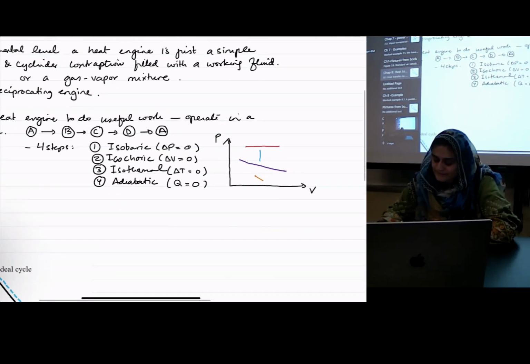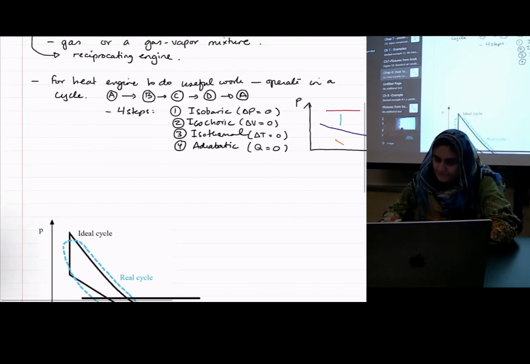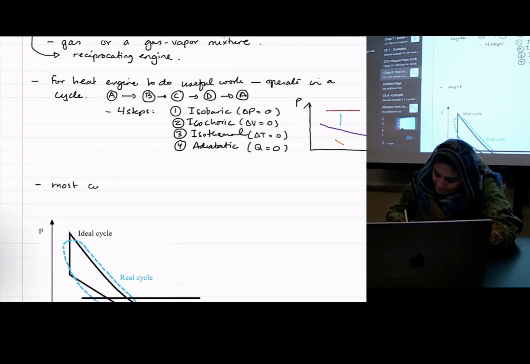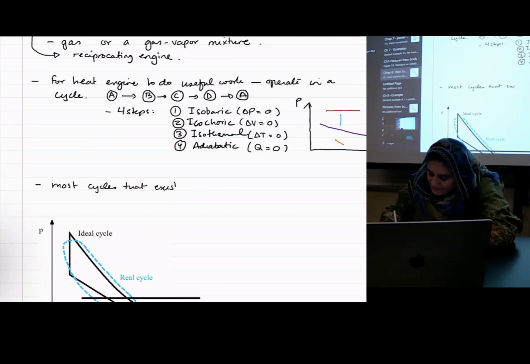Okay, now most cycles that exist are difficult to analyze.